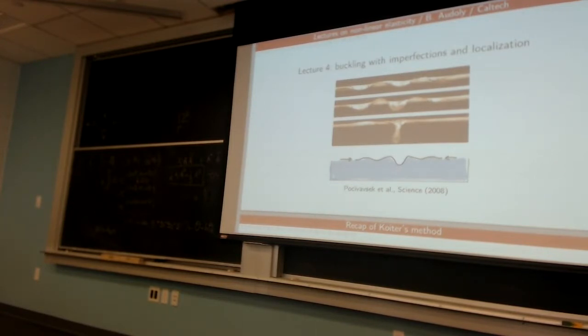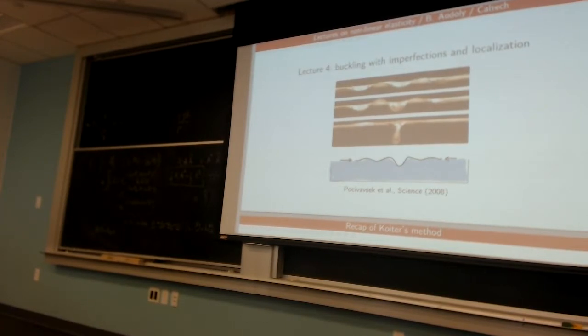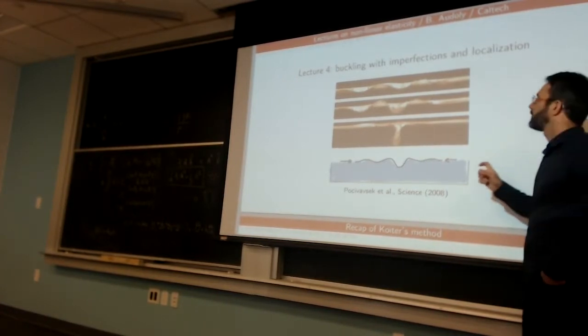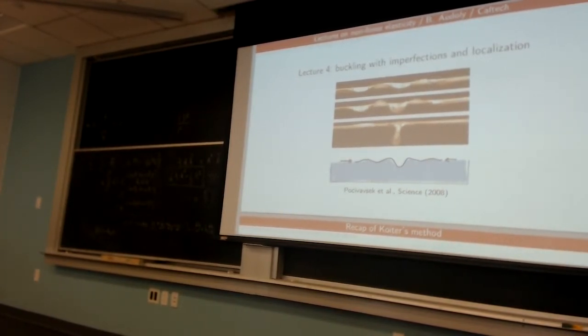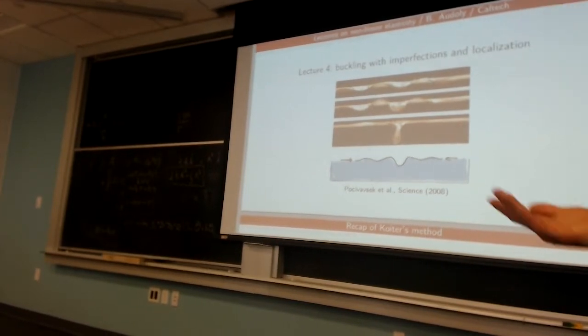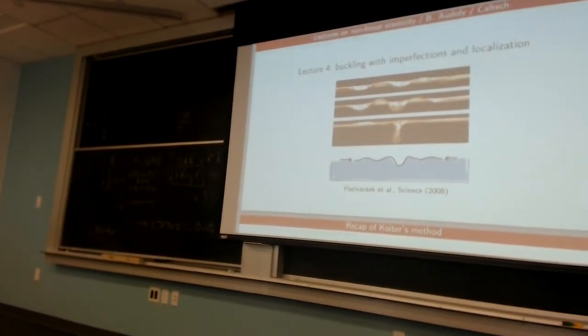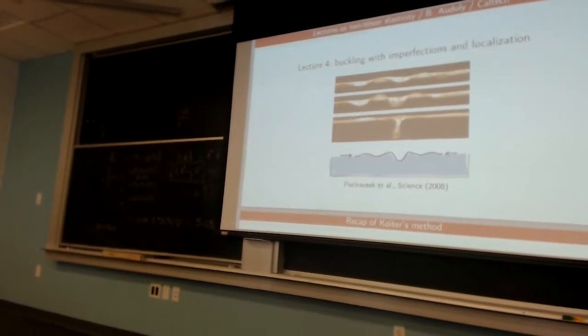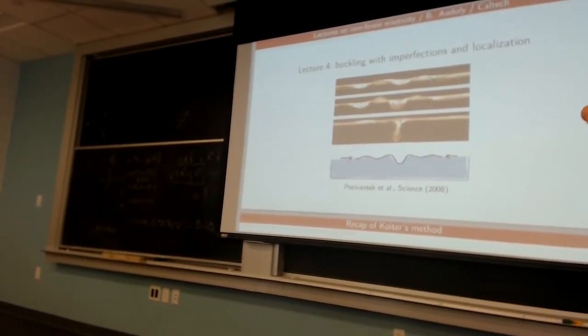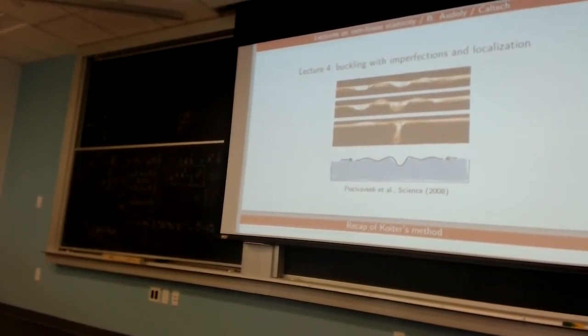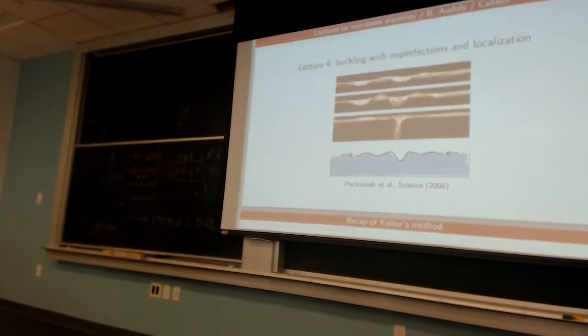So now I'm going to talk about two very tightly connected topics, which are imperfections and localization. So just in a few words, imperfection can really be important. We are talking about buckling, right? So we are talking about points where the structure has a soft mode, because by definition the bifurcation takes place whenever the stiffness passes through zero in some direction associated with this mode.